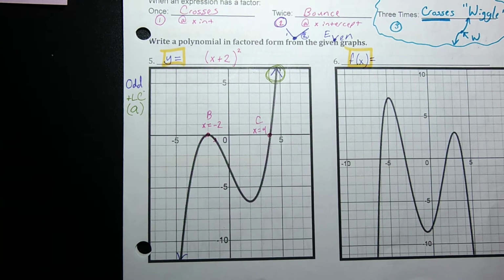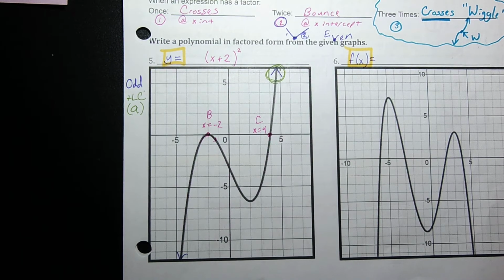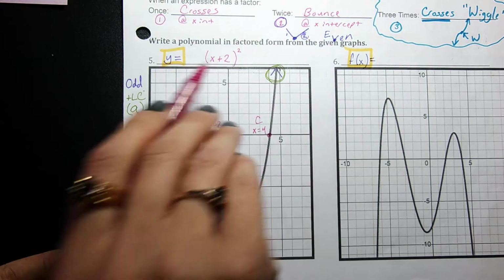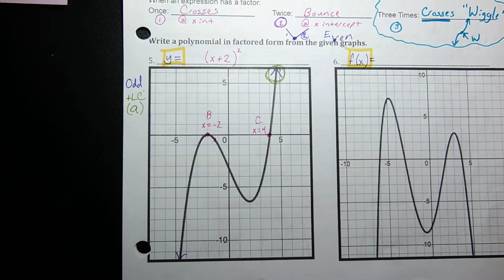It could be 4. It could be 8. We're not going to mess around with that. Go with the smallest possibility, which is 2. So we're not going to worry about those larger even multiplicities. If it's even, just default to a power of 2. So then, see if you can write the factor and the multiplicity for the other x-intercept.